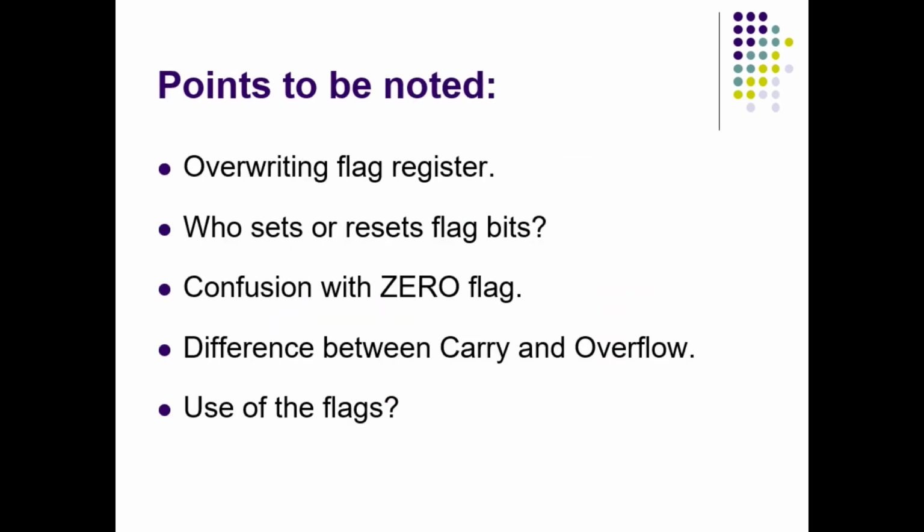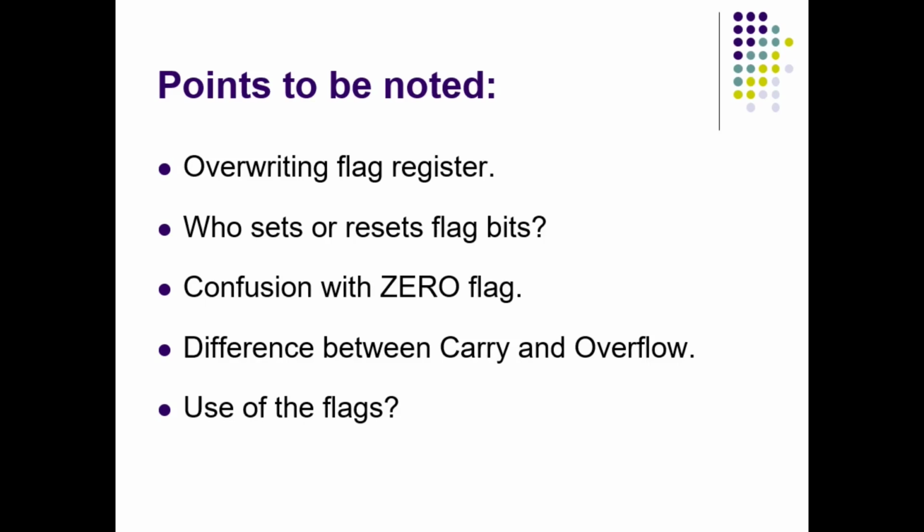Let us address some issues that always confuse the students. First one is overwriting the flag register. Yes, every time an instruction gets executed, based on the value of the result, the sign, negative, overflow and carry flags get updated. But there will be only one flag register.